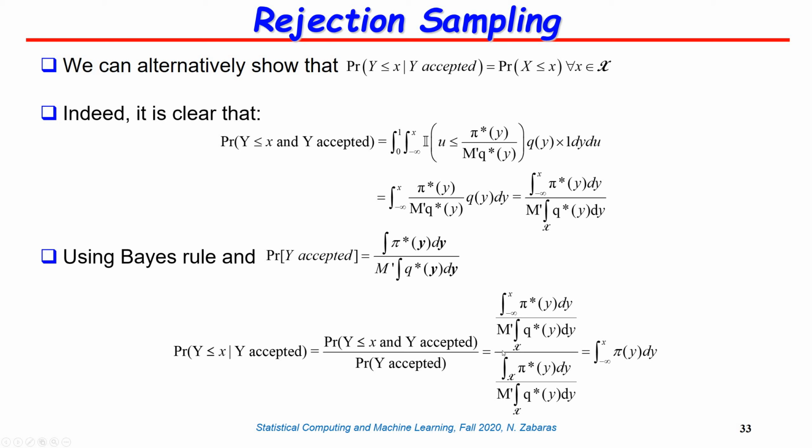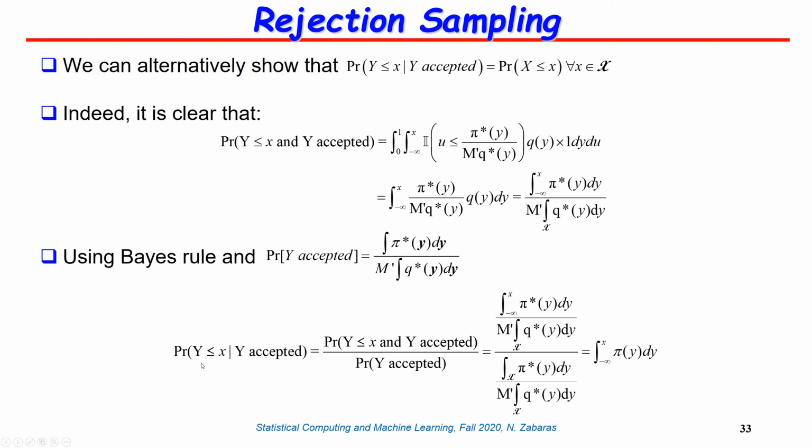And I see a lot of cancellations. M prime is cancelled, q star is cancelled. And then I see pi star divided by the normalization factor of pi star, which is pi of y. So immediately I see the CDF of the distribution pi of x.